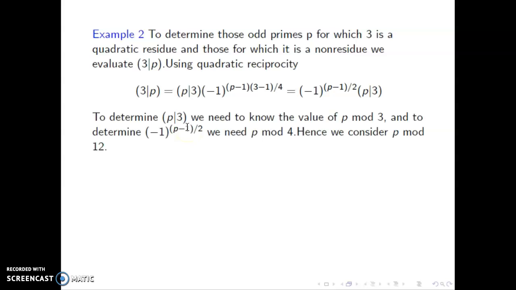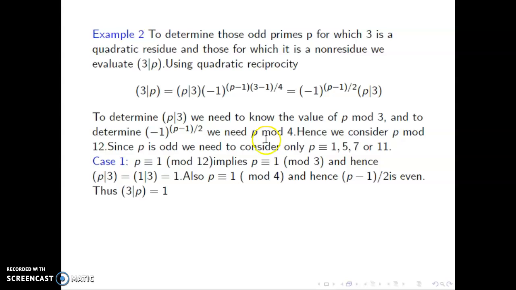Now to determine p over 3, we need to know the value of p mod 3. And to determine minus 1 raised to p minus 1 by 2, we need p mod 4. So we consider p mod 12. Now obviously I know p is odd, so I need to consider only p congruent to 1, 5, 7 or 11, because everything else will give me an even value of p.